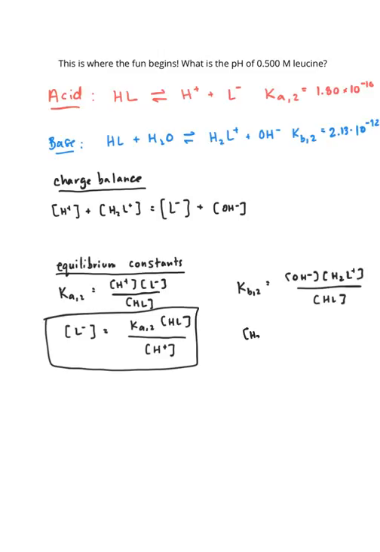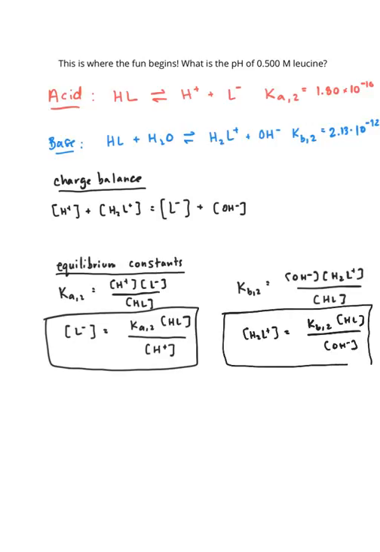So I'll just bring everything over to the other side, and similarly we get Kb2 times HL divided by hydroxide ion concentration. This is a second equation that I can use and plug into my charge balance expression up above. But it doesn't quite get me to the point where I can solve for a pH yet. Ultimately, what we'll be after is the concentration of hydrogen ions at equilibrium.